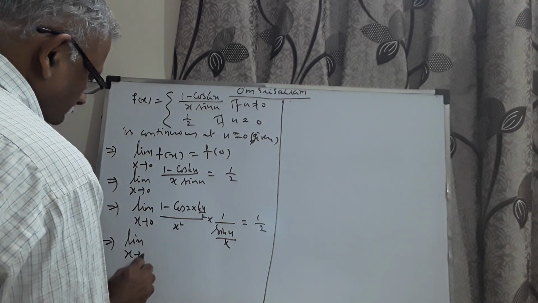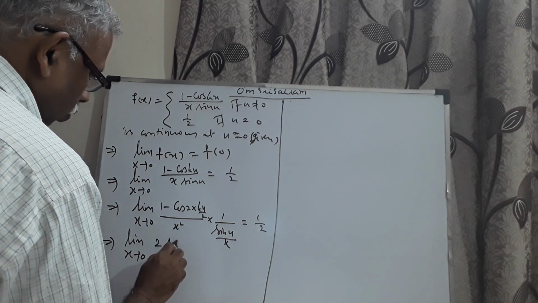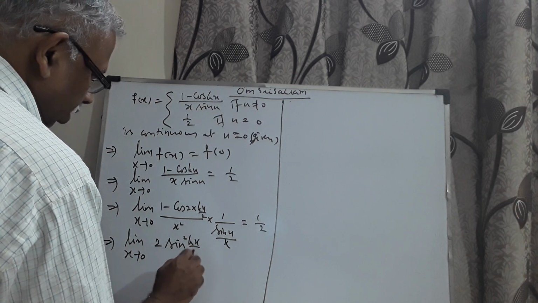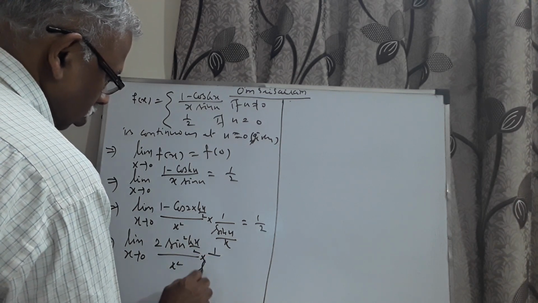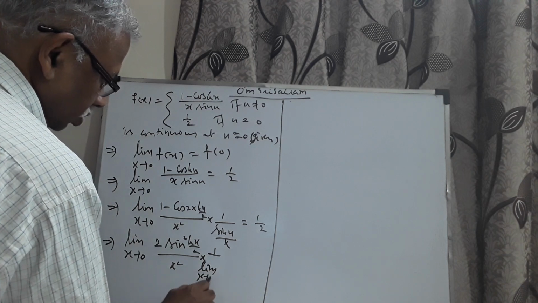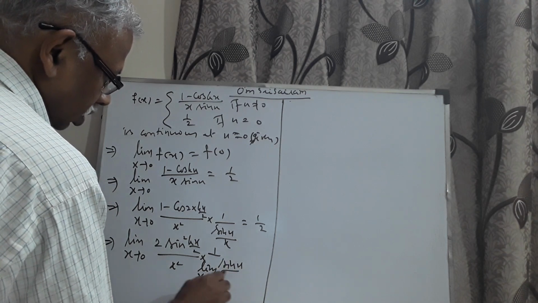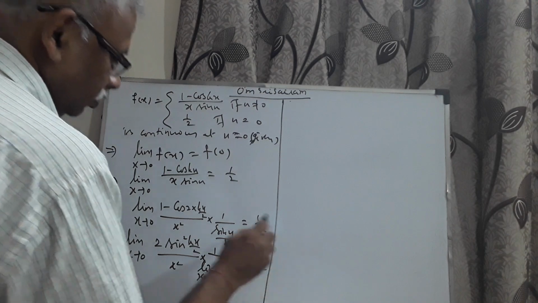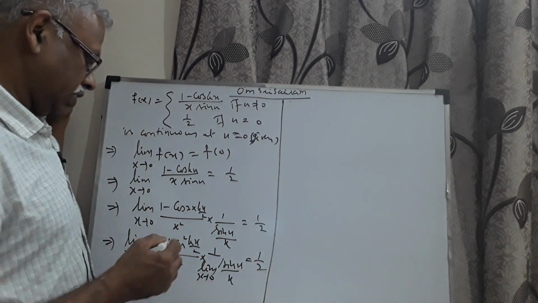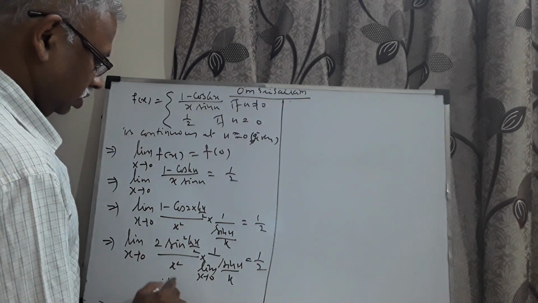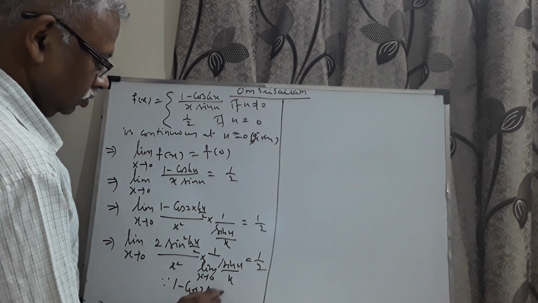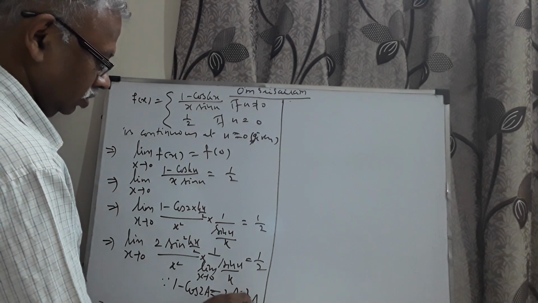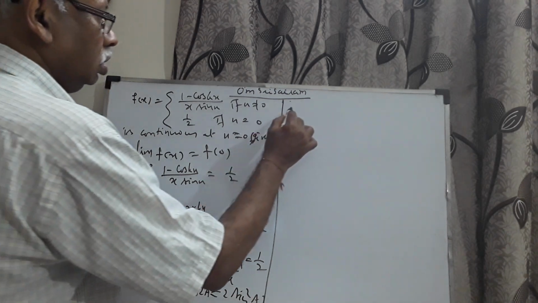Here I will write this as 2 sin square (kx by 2) by x square, into 1 by the limit as x tends to 0 of sin x by x, equal to half. I'll take the limit for this separately, and the reason is 1 minus cos 2a is 2 sin square a. That is the formula to be followed.